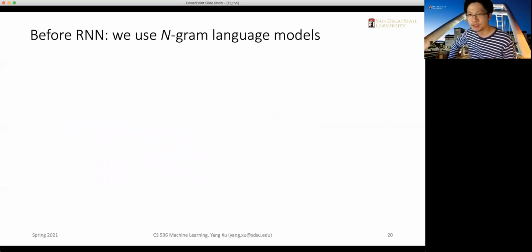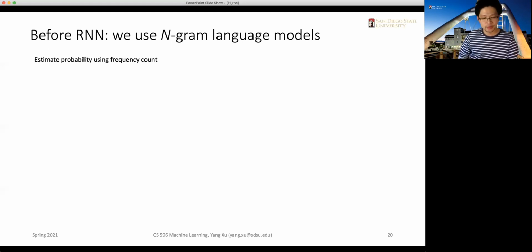It's basically a traditional technique that the industry and the academia used most commonly before the recurrent neural network was developed. The basic principle of Ngram-based language models is to estimate the probabilities using simple frequency counts. So it's a straightforward idea, right?